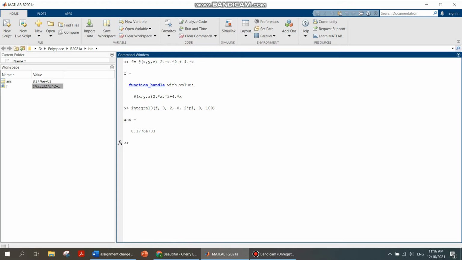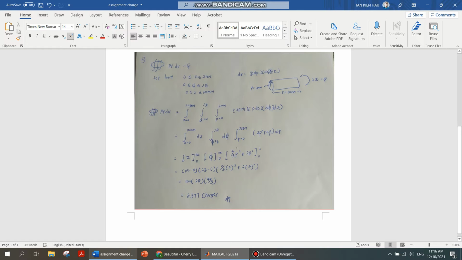First we come up with the function, then the x limit, then the y limit, followed by the z limit. In the end I will get the answer as 377 times 10 to the power of 3, which is the same answer as what we calculated over here. So that's all for me.